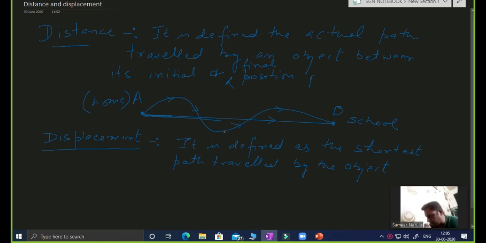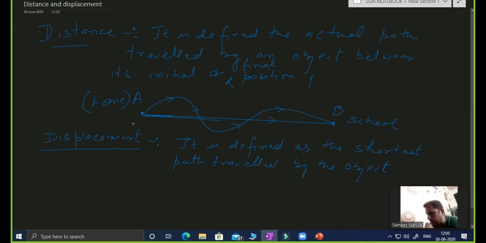In this example, you started from home, your bus took a route and thereafter it reached the school. That is the distance, the proper distance, the actual path which is traveled by the object. Whenever you talk about displacement, that should be called the shorter distance. Now this is the shortest distance between the school and your home.